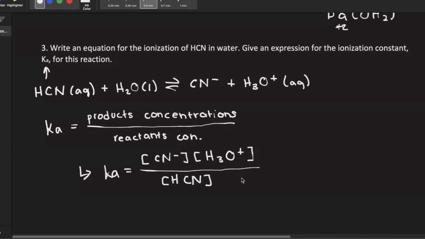Now, you might be wondering why we did not include the H2O. Remember that when writing constants in this format, we're not going to include pure solids or pure liquids. And H2O in here is going to be a pure liquid. So this is your answer for question 3.